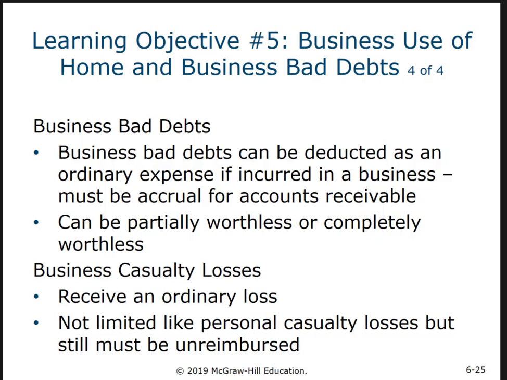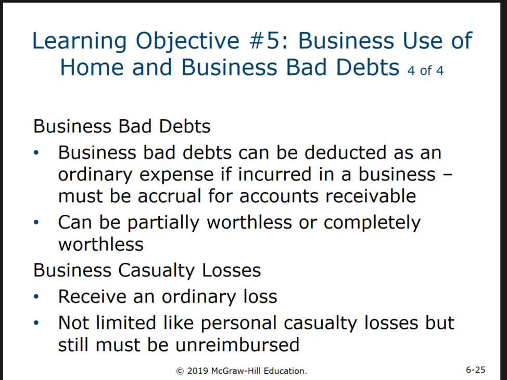But if you had a loan and it's partially worthless or completely worthless, you're not going to collect it, you have a deduction for that, an ordinary loss. And then casualty losses, not limited like personal casualty, if fire, flood, that sort of thing, theft.